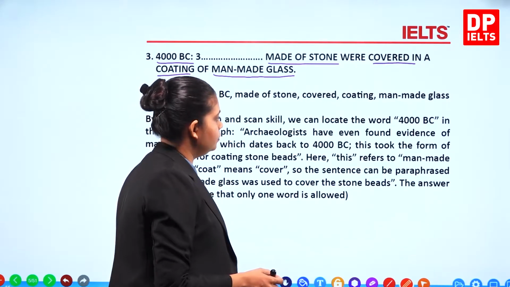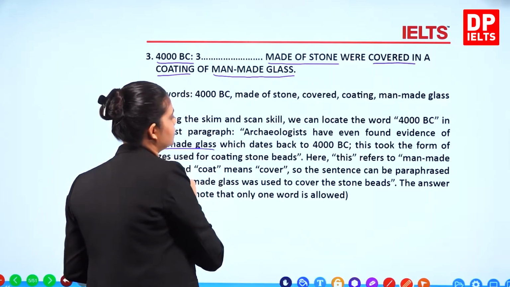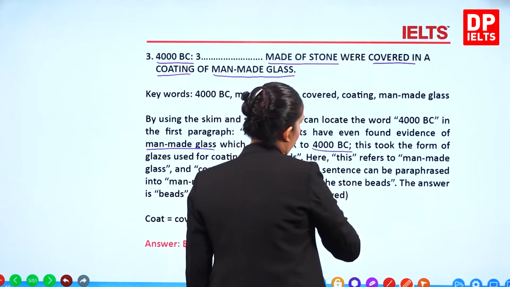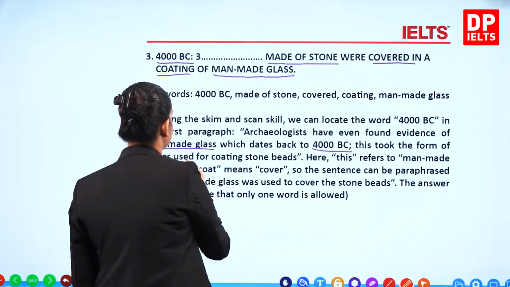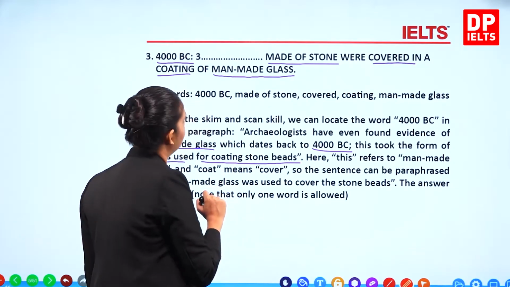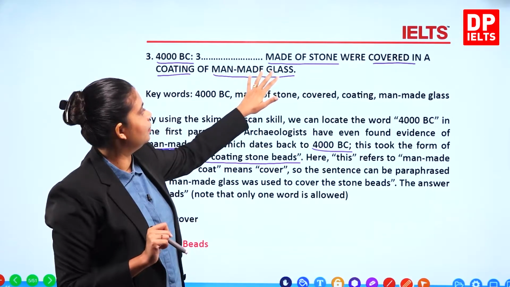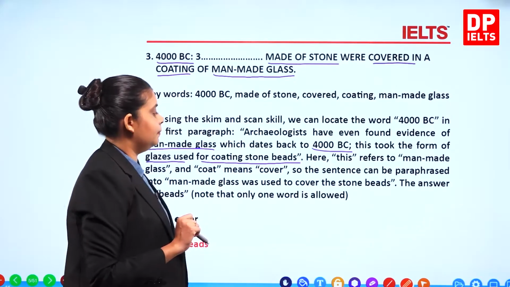Archaeologists have found evidence of man-made glass which dates back to 4000 BC. This took the form of glazes used for coating stone beads, right?